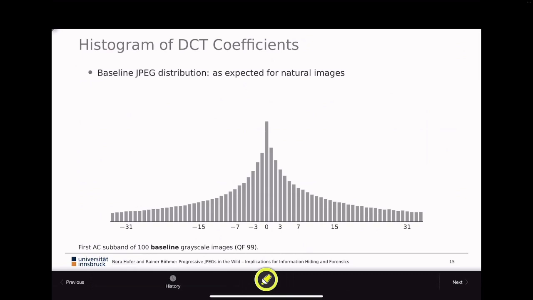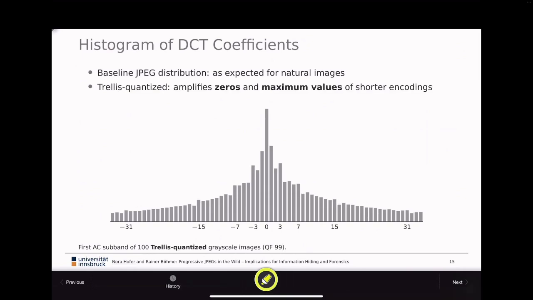As we would expect for natural images, it approximately follows a Laplace distribution. Now, if we use the exact same images and compress them using MOS-JPEG with its trellis quantization, we get this distribution. And what we can see is that trellis amplifies the zeros and the maximum values of shorter encodings.